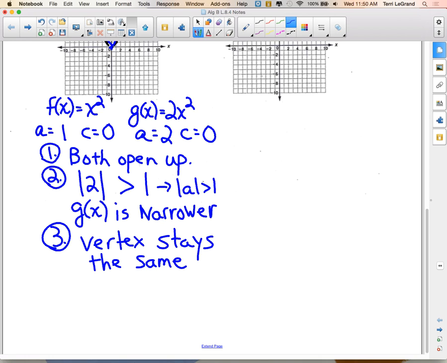So that we learned yesterday that means the vertex is on the y-axis. It is the y-intercept. So all we have to do is compare the vertex of each of them. If it stays the same, then we know it's not going to translate, right? So let's just put here, no translation. Put that in parentheses behind that so you know that there was no translation because the vertex stayed the same.